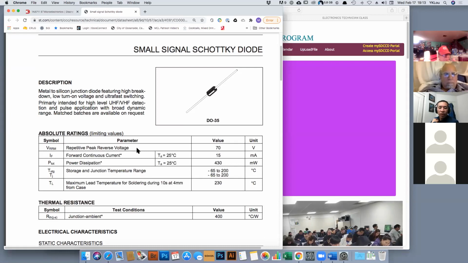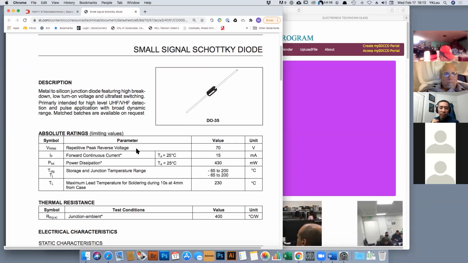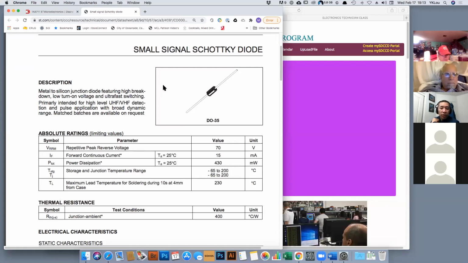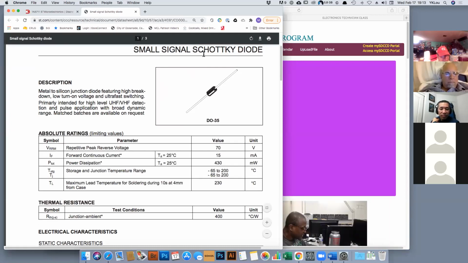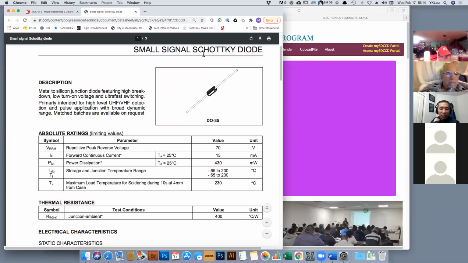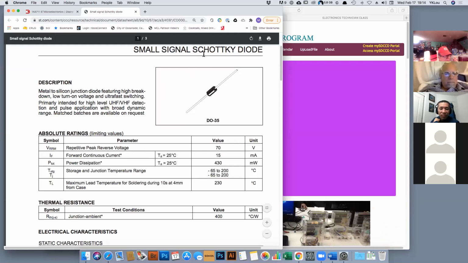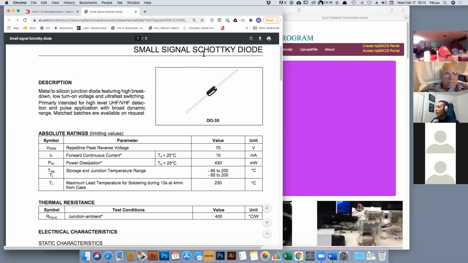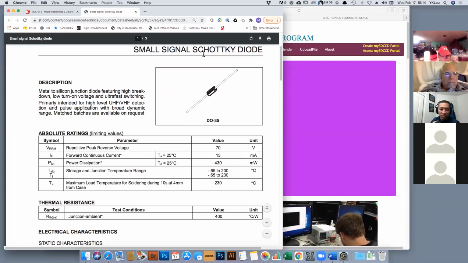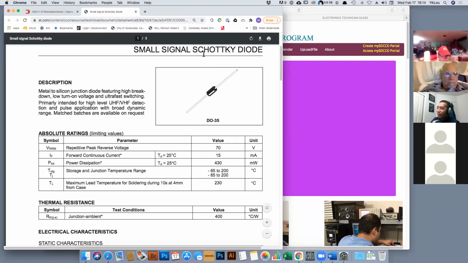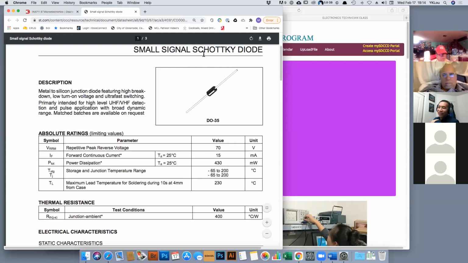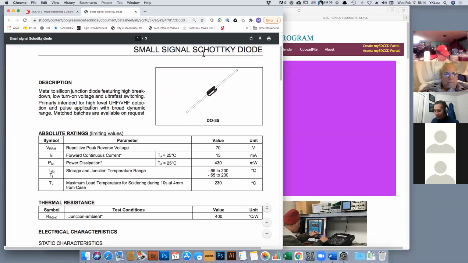Sorry, this is not a Zener diode. This is a Schottky diode, which has a metal-semiconductor junction as opposed to a PN junction. And this VRRM is the maximum reverse voltage it can be exposed to without failure. If you exceed that, then the diode will fail. Yeah, you're right, Richard.